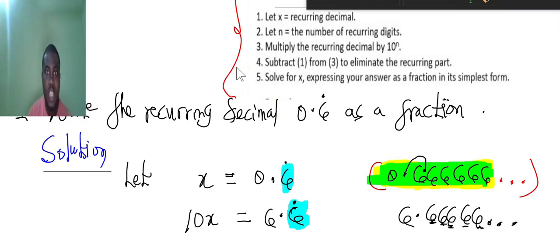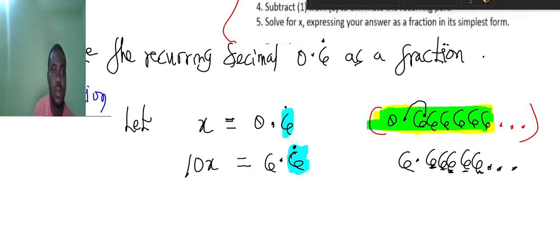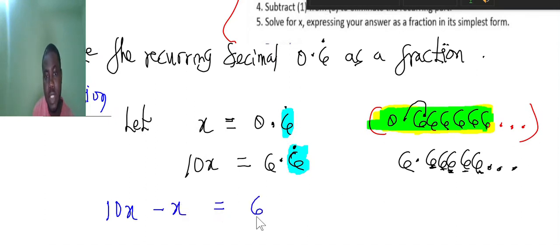So let's carry out the subtraction. To do this subtraction, I will say 10x minus x, then I have 6.6 dot minus 0.6 dot. Our aim is that recurrence must disappear. So 10x minus x, that's 9x, equal to 6.6 dot minus 0.6 dot.